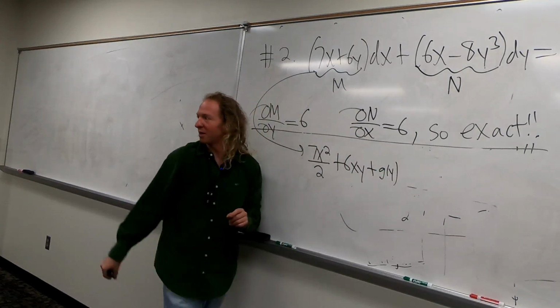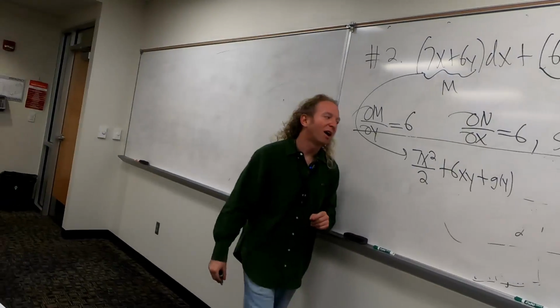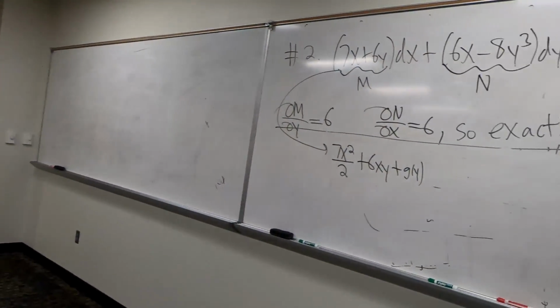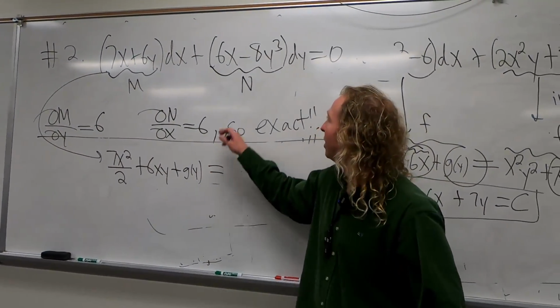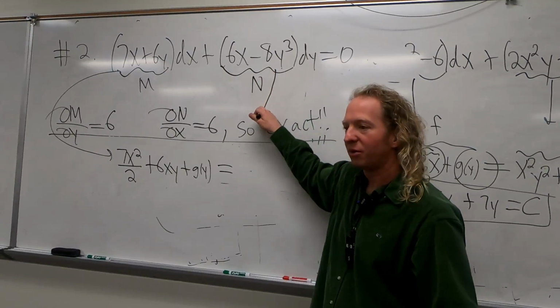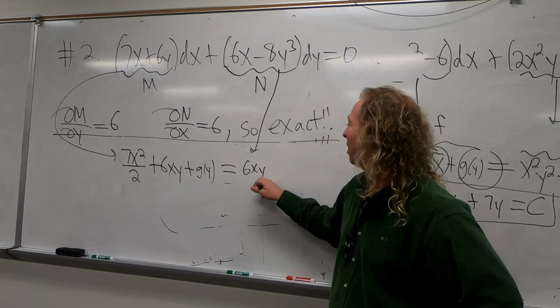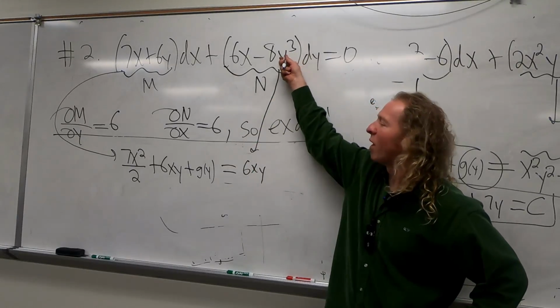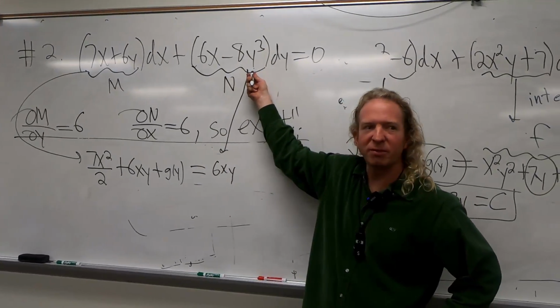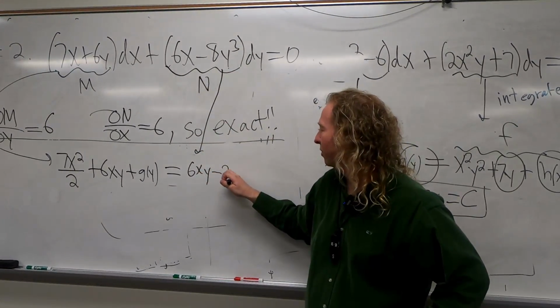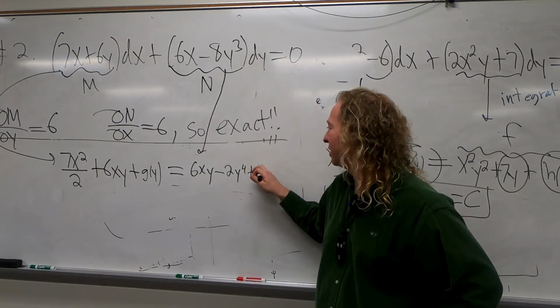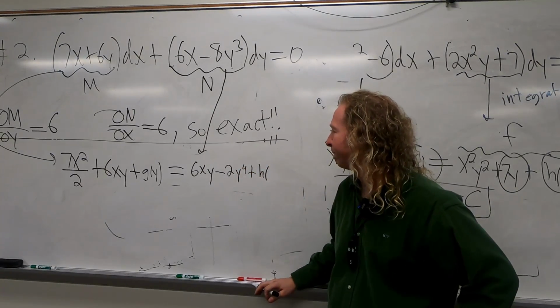Because we integrated with respect to x, you had an unknown function of the other variable, and this is equal to. Now you integrate this one with respect to y. So it'd be 6xy, and y to the 4th over 4 gives 2y to the 4th plus h of x.